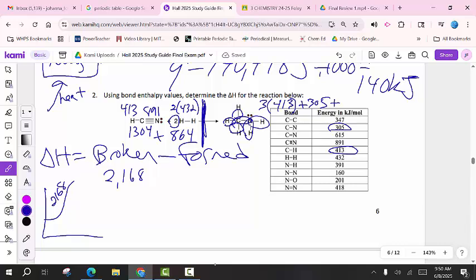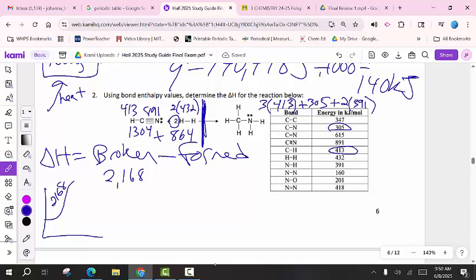So an N-H bond is 391, but there's 2 of them. There's no coefficient here. If there was a coefficient, I'd have to take the sum of that number and multiply it by whatever the coefficient is. But there's 3 carbon-hydrogen bonds, there's 1 carbon-nitrogen bond, and 2 nitrogen-hydrogen bonds. So I'm going to do 3 times 413.